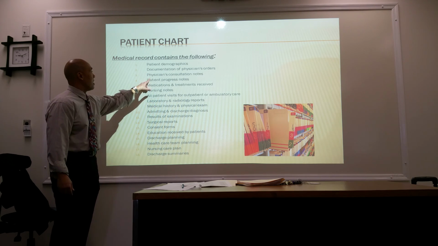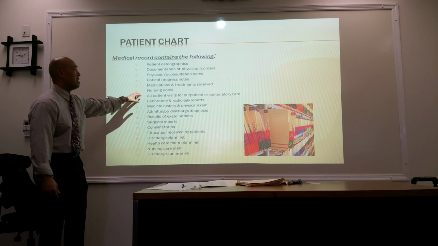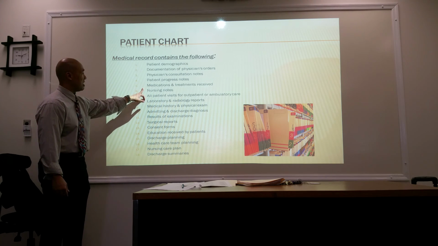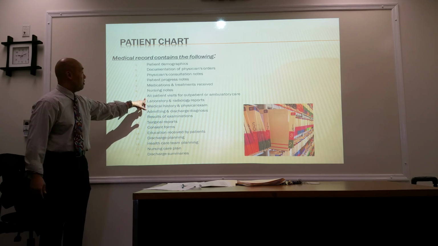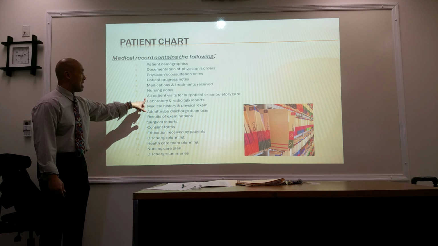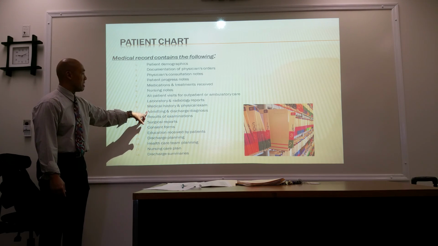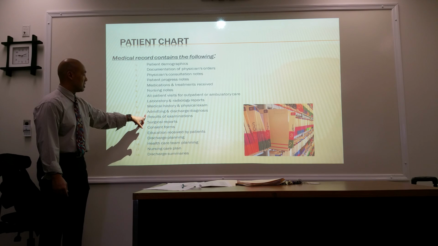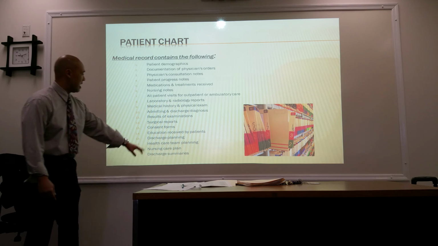So, physician's notes, patient progress notes, medications and treatments that they've received, nursing notes, even this. They keep track of who visits. All patient visits for outpatient ambulatory care. Laboratory and radiology reports. Medical history and physical exam. Admitting and discharge diagnosis. Results of exams, surgical reports, consent forms, education, okay?